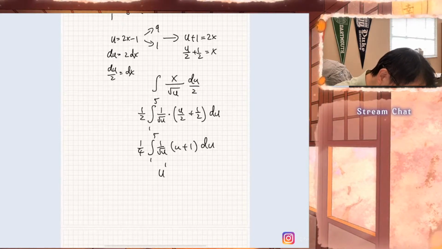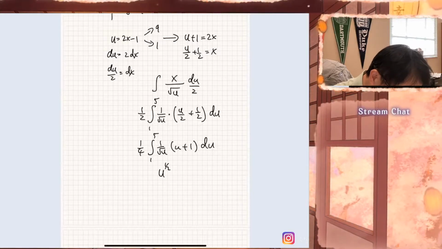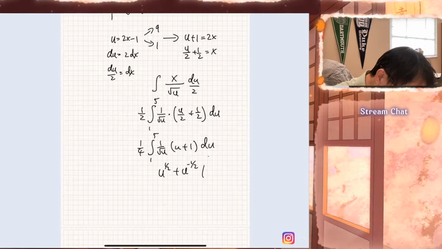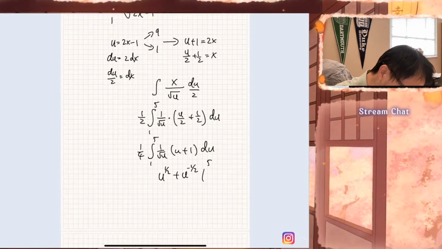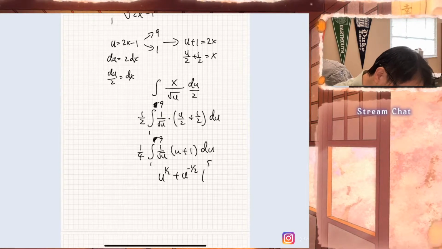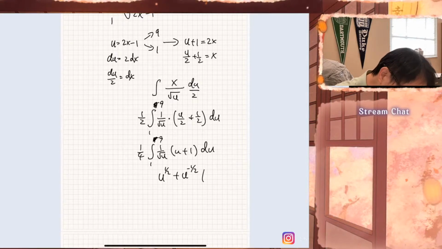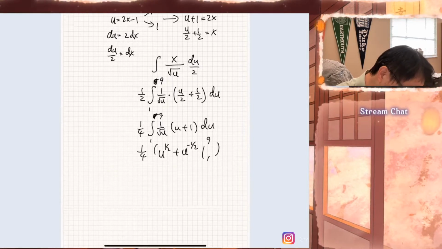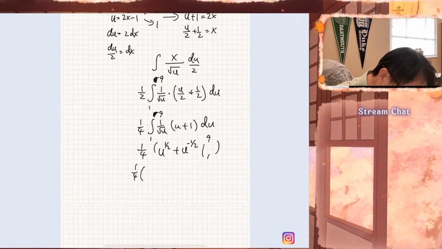And that's going to be u to the 1/2 plus u to the negative 1/2 between 9 and 1. So between 9 and 1, and that's going to be 1/4.